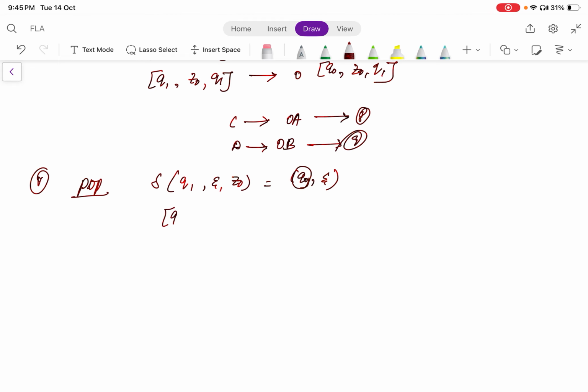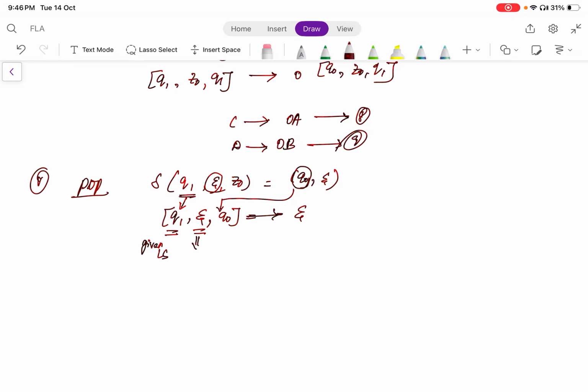That is q1 is your given state. In between it is epsilon, and here you write the right hand side state, tends to epsilon, because the symbol here is epsilon. That's all.